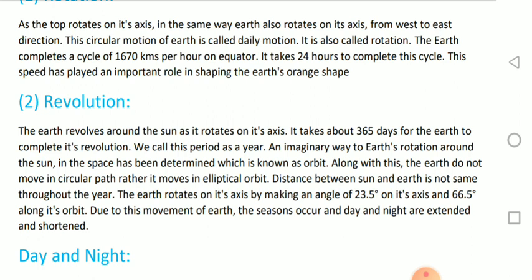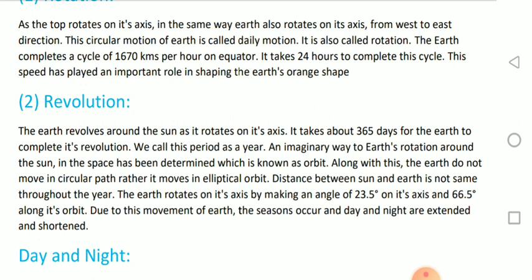The distance between sun and earth is not the same throughout a year. The earth rotates on its axis making an angle of 23.5 degree. How many degrees? 23.5 degree angle on its axis and 66.5 degree along its orbit.